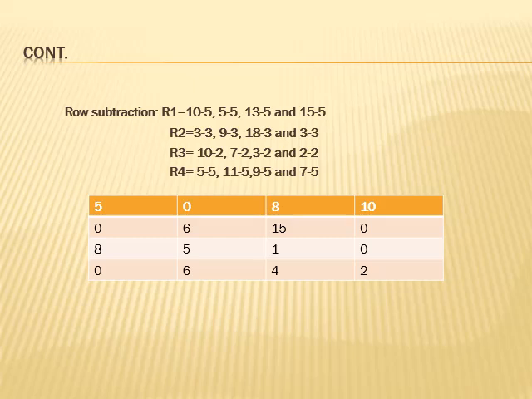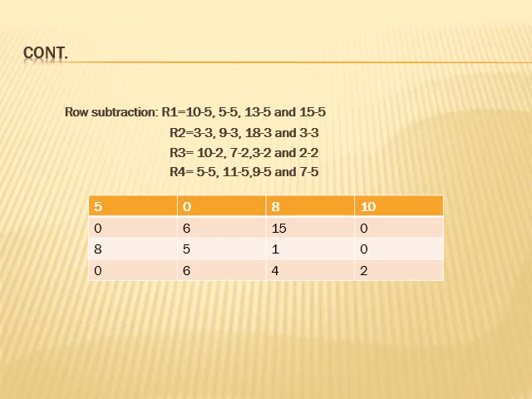Now, referring to the given matrix, the costs inserted in the first row are 10, 5, 13 and 15.